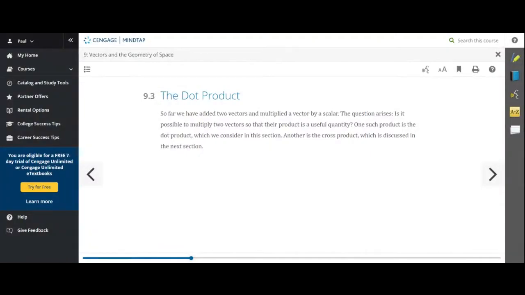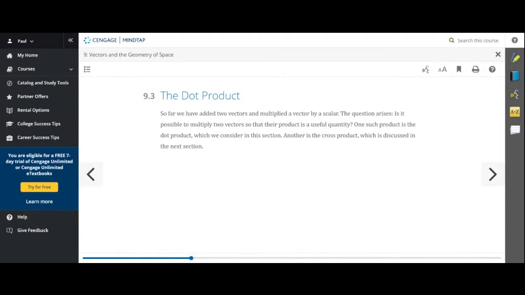Okay, so the dot product is an operation between two vectors that has meaning in the sense of computing work.